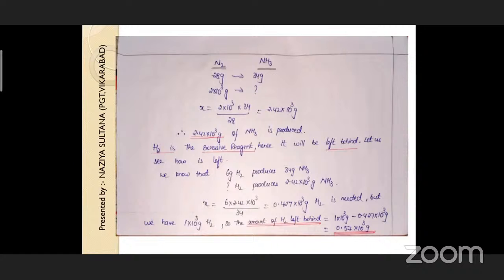If we have an amount less than the requirement, that substance becomes the limiting reagent. In this case, nitrogen is the limiting reagent. The substance provided in a larger quantity than the requirement is the excessive reagent. Whenever there is a limiting reagent, the product formation depends upon it.